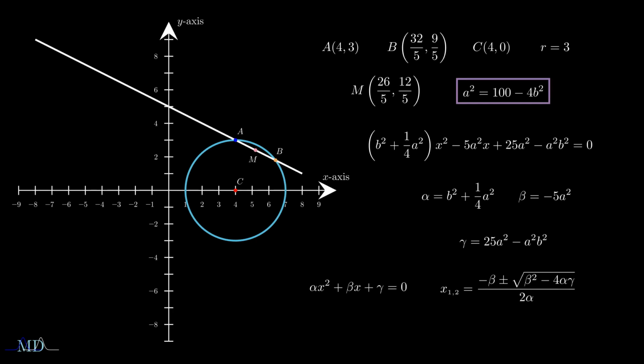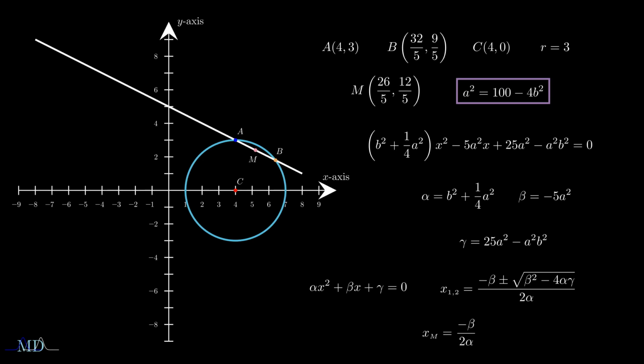The quadratic formula for this equation is (−β ± √(β² − 4αγ)) / 2α. The discriminant of the equation is null. Therefore the term under the square root is 0. And the solution becomes xm = −β/2α, where xm is the abscissa of the point M. That is worth 26/5.